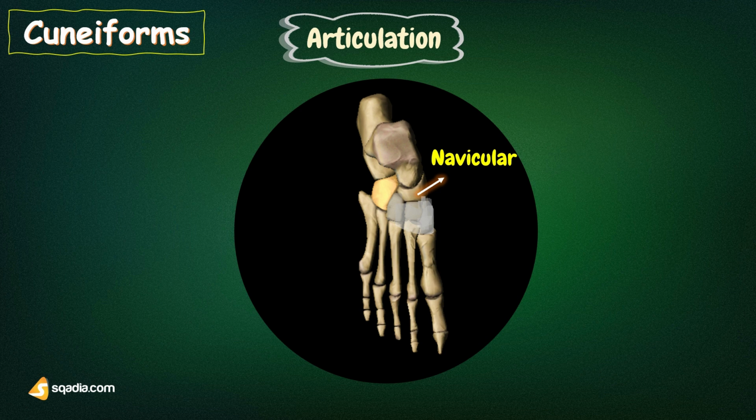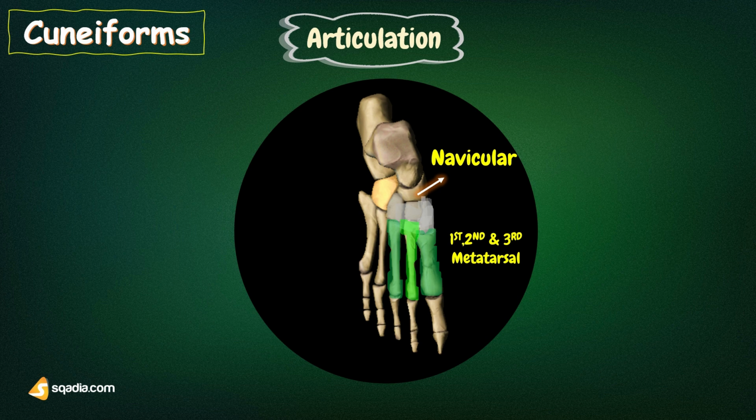Posteriorly, all 3 cuneiform bones articulate with the navicular bone, and anteriorly, the medial cuneiform bone articulates with the 1st metatarsal. The intermediate cuneiform articulates with the 2nd metatarsal, and the lateral cuneiform bone articulates with the 3rd metatarsal bone.